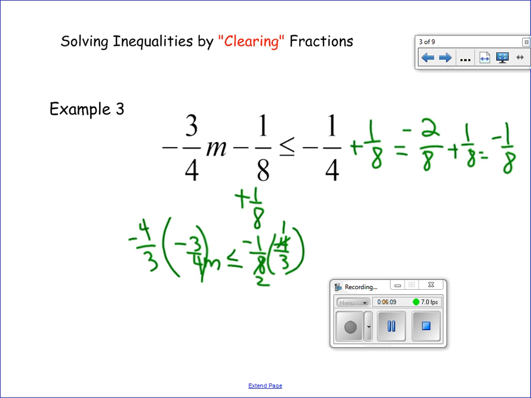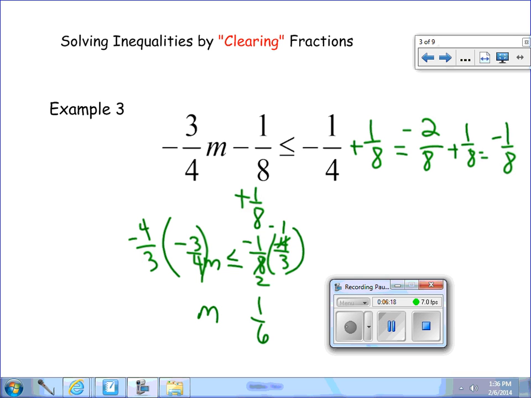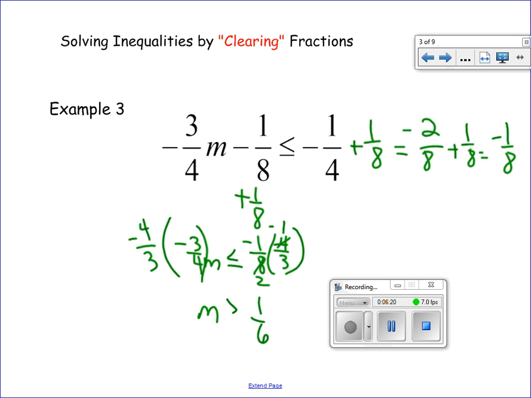Now, I'm going to multiply each side by -4/3. So as you recall in previous lessons, when we multiply or divide by a negative number with an inequality, you reverse the inequality. So your final answer for example 3 would be m is greater than or equal to +1/6.